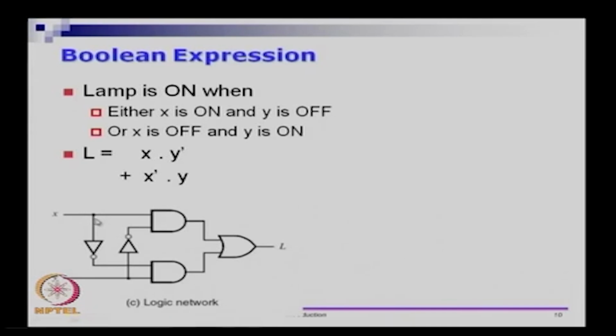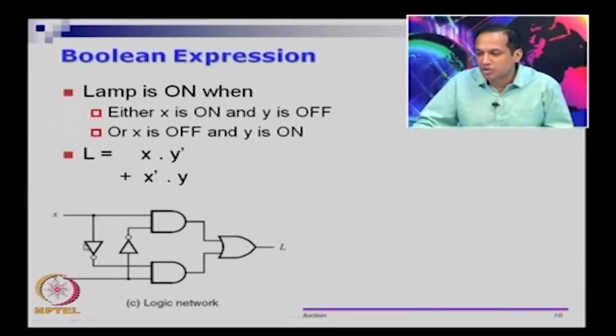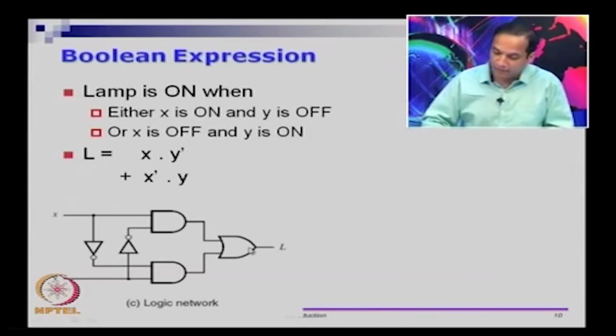In electrical circuits we use that to denote branches. You probably know that from your basic electric circuits, that when you have a dot on a line it means that you are branching. So X is branching here and branching here, this line comes as X complement, this line goes as X. Similarly for Y, this line goes as Y, this line goes as Y complement. So this one is for X and Y bar, this is for Y and X bar, and that is L.